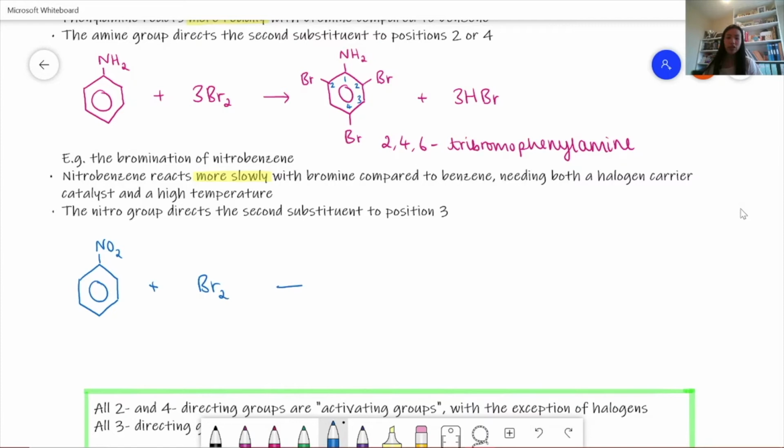This time we also only get 1 substitution. And we get benzene with the nitro group on it, and we're now putting the bromine on position 3. So if this is carbon number 1, then we have number 3 here. So we have a bromine. And again we form HBr. And the product we formed is 3-bromonitrobenzene.